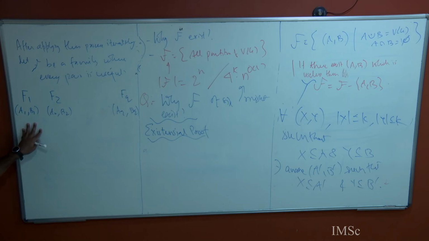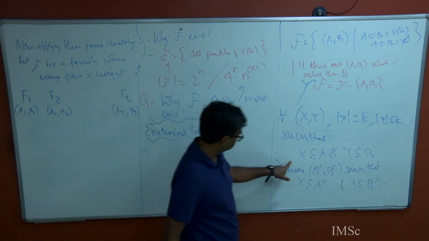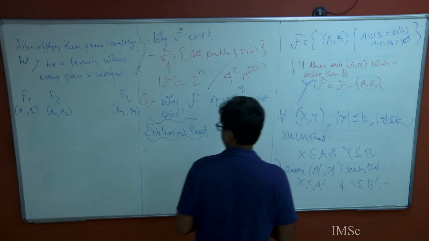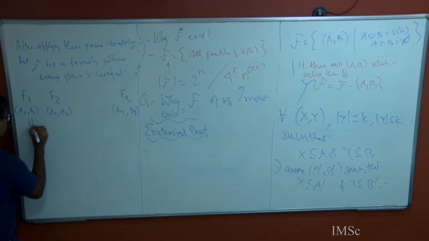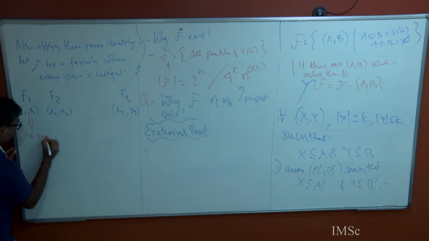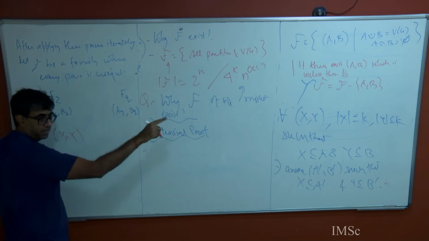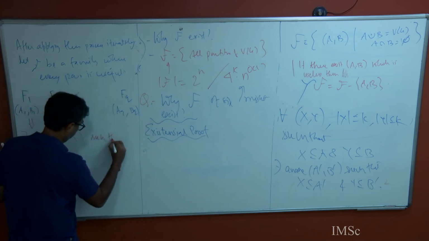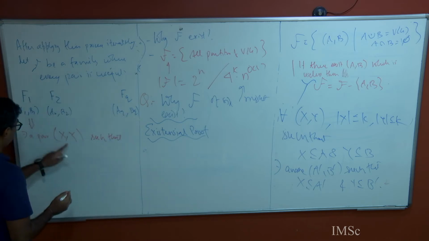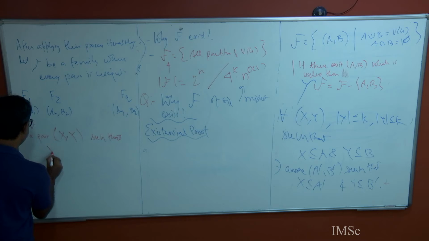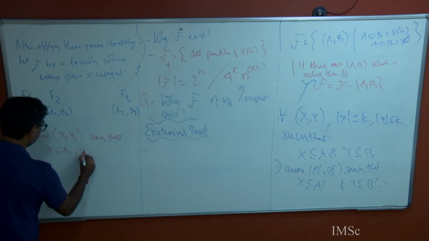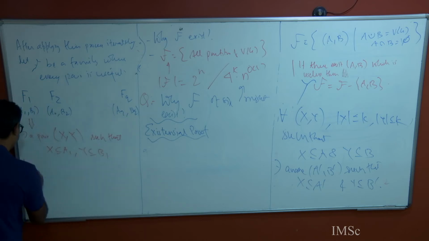It implies there exists a pair x, y, of course with the size constraints met, such that x is contained inside A1, y is contained inside B1, and for all j greater than or equal to 2, what is the property?